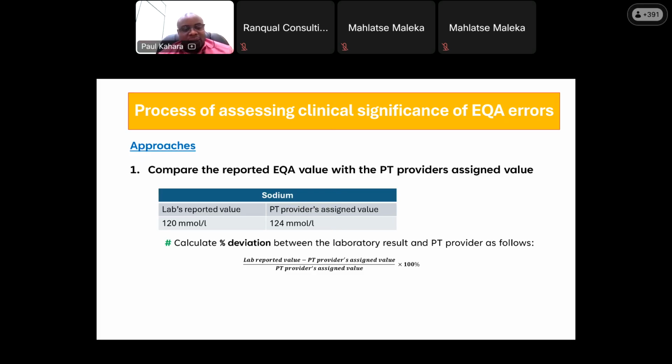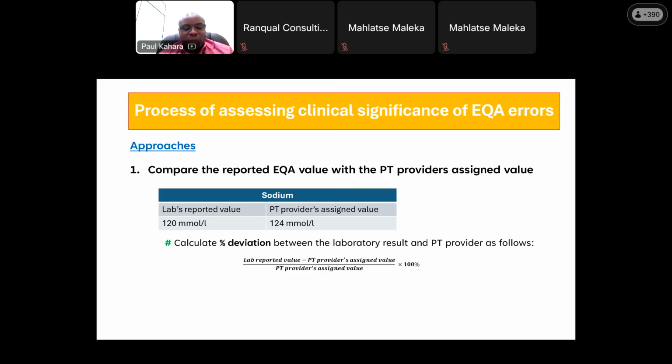Our lab gave the value as 120 millimoles per liter. But the PT provider returned the report saying, no, we failed. The value was not supposed to be 120. Actually, the mean was supposed to be 124, and when you look at the range, we are out of range.